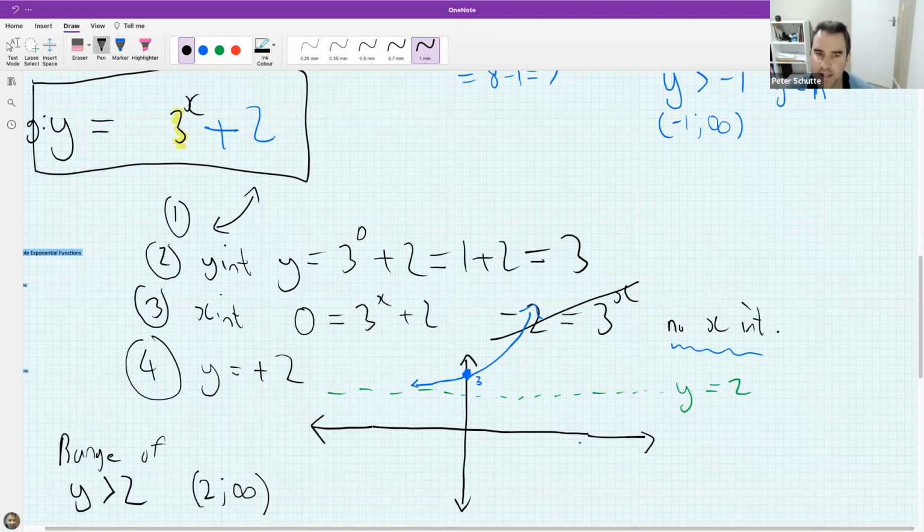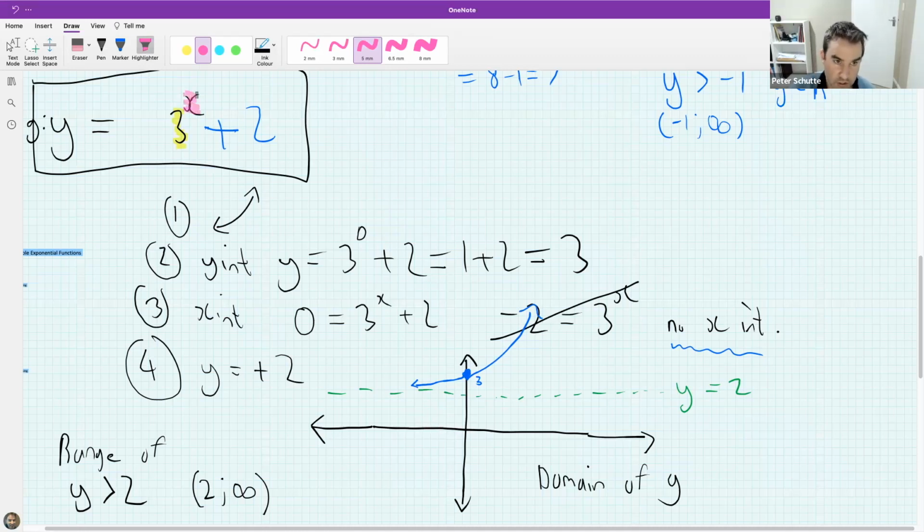Now, another question that was asked was about the domain. What if I say to you, what is the domain of g? The domain of exponential functions isn't as exciting because there isn't any restriction on the x values that are valid. You can put any x value you like into this function.